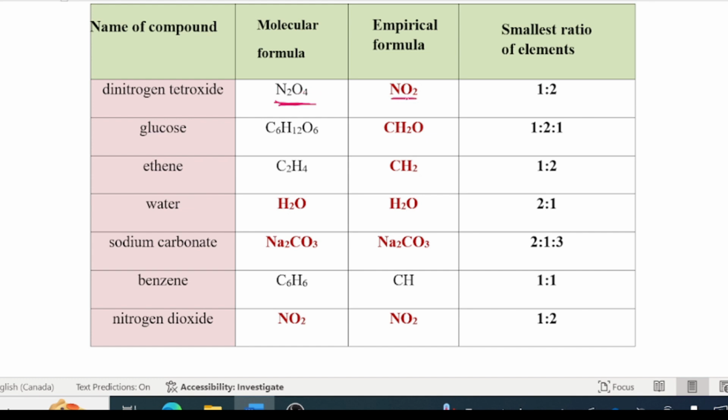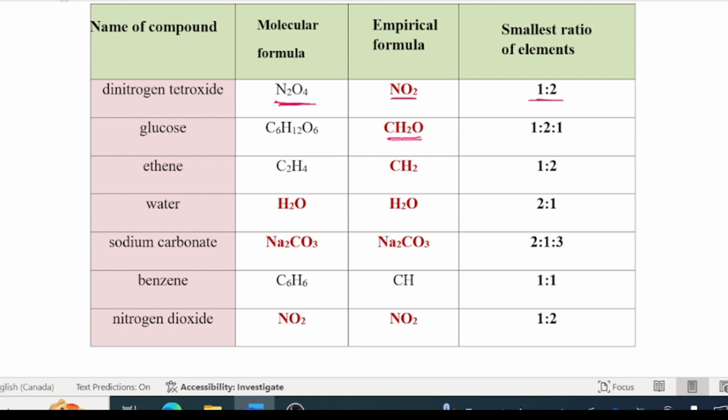The smallest ratio of the atoms in this compound here, right? And you can see the ratio of the atoms will be 1 nitrogen to 2 oxygen. That's the smallest ratio you have there. This one here can be broken down to, if you divide everything by 6, you'll end up with CH2O, a hydrate of carbon. That's what's called carbohydrate.